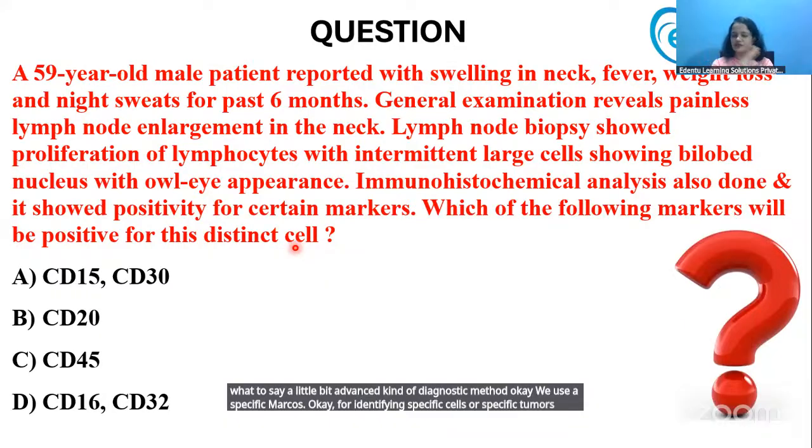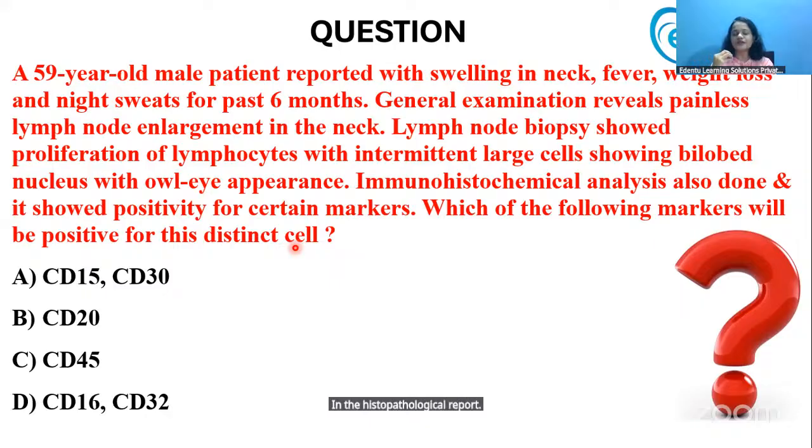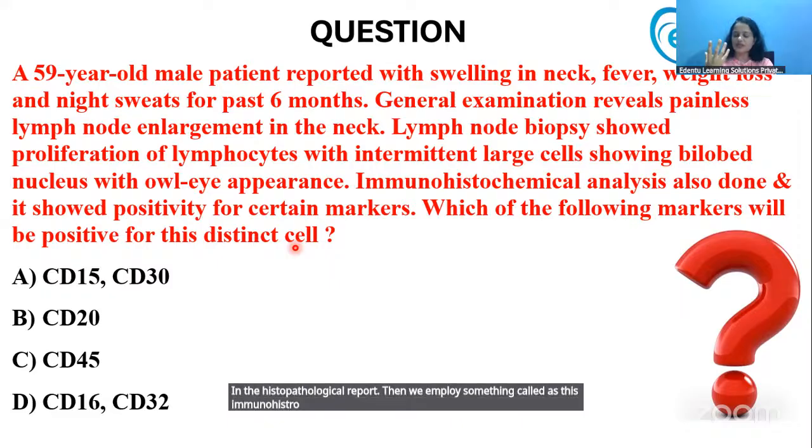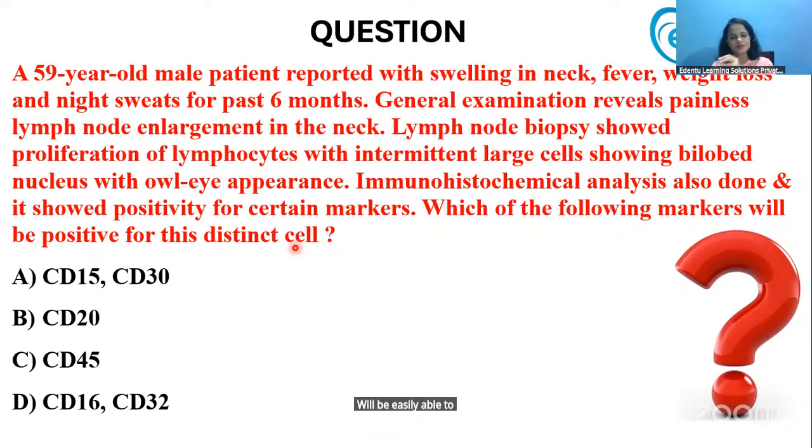If there is a confusion in the histopathological report, then we employ immunohistochemistry. It is much more advanced than just doing histopathology, a diagnostic technique in which we use specific markers. With the help of these markers, we'll be easily able to identify the specific cell or the specific tumor. That's why we use immunohistochemistry.